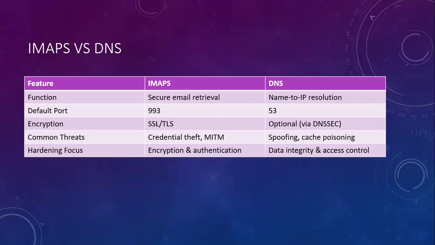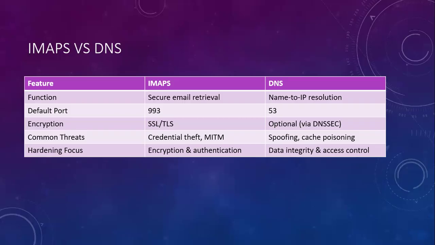Here's a chart, just a comparison of the functions, default ports, encryption, common threats, and hardening focus for IMAPS and DNS. The function of IMAPS is secure email retrieval. DNS is name to IP resolution. IMAPS is port 993. DNS is port 53. Encryption for IMAPS is SSL or TLS. DNS is optional via DNSSEC.